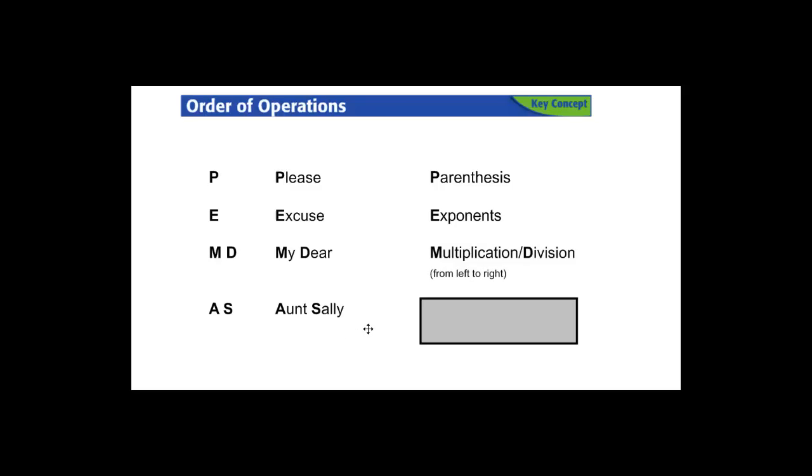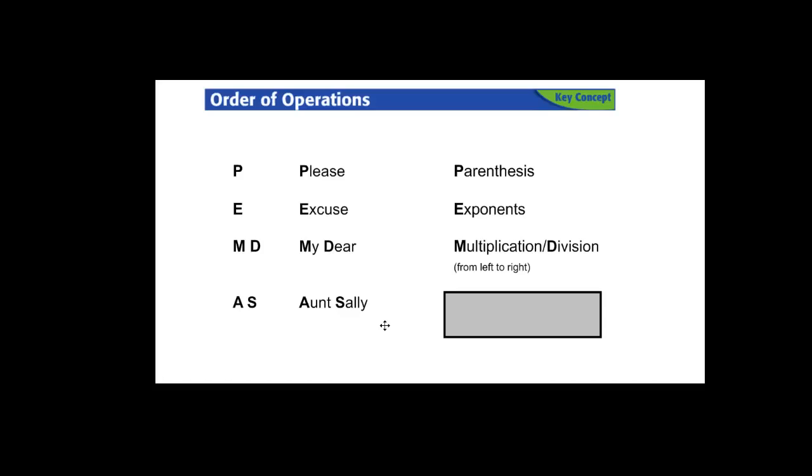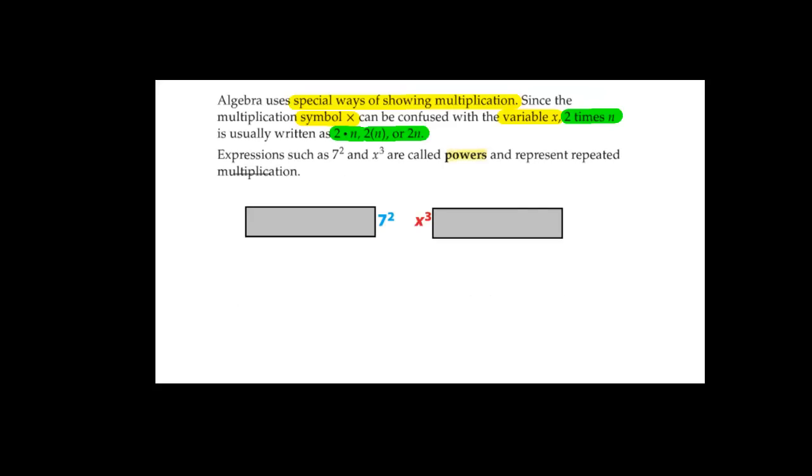Those have equal priority, and how you decide which is done first is whichever occurs on the leftmost side first. If it's a multiplication, then you do multiplication first. If division is to the left, then you do the division first. They have equal priority, but it's from left to right. Same with addition and subtraction. They have equal priority, but whichever is on the leftmost side comes first.